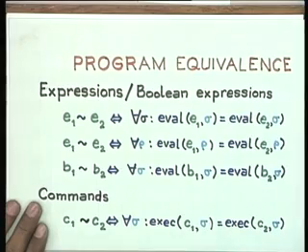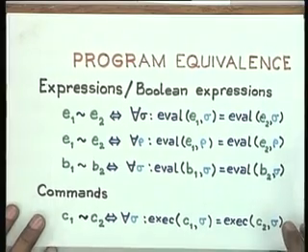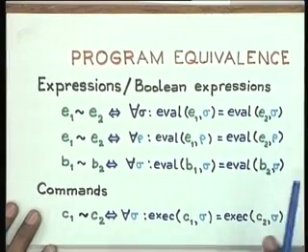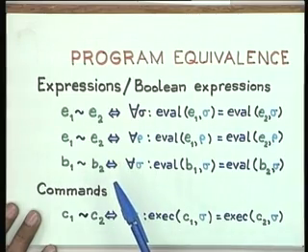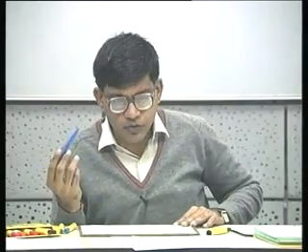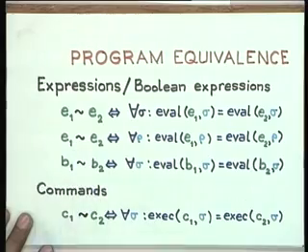Now I define two declarations to be equivalent if and only if they yield the same environment. But the environment in which they are initially declared might be different. So they will not be equivalent in the same environment then.